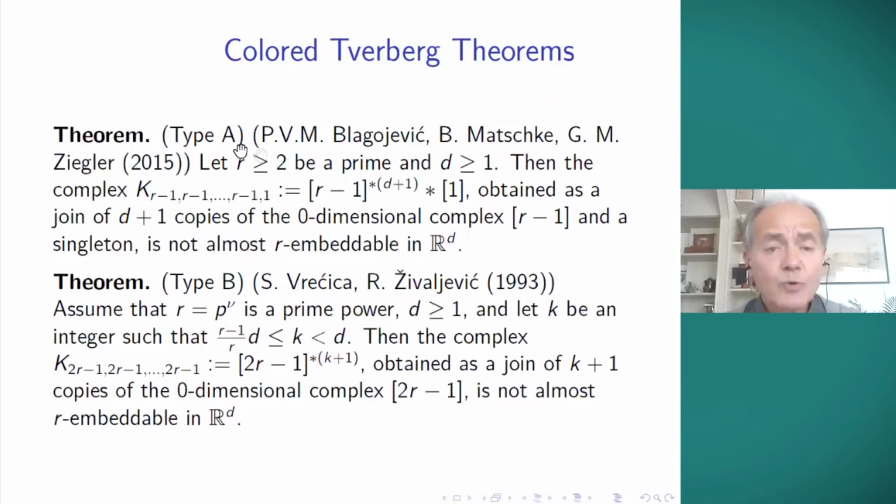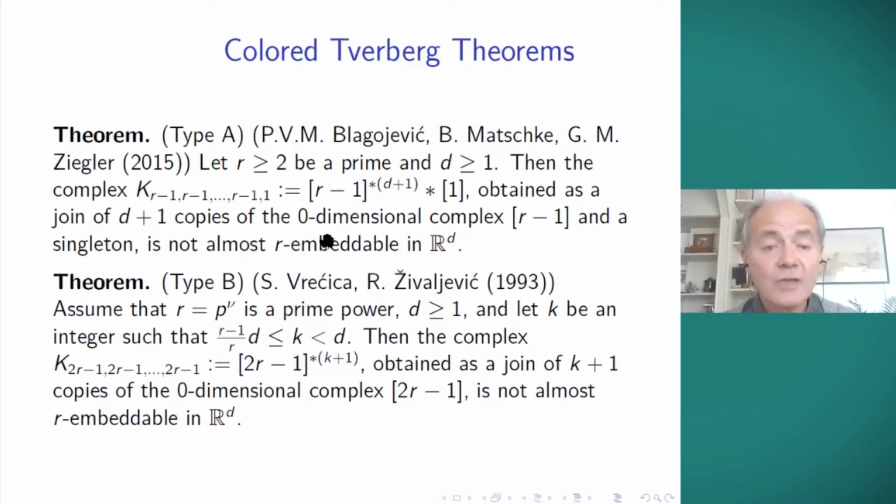Type A was proved by Pavle Blagojević, Benjamin Matschke, and Günter Ziegler. It was published in 2015, but it was already available as a preprint in 2009. So it simply says that if you have this simplicial complex K_R, so you have D+1 copies of a set of cardinality R-1, and you have just a single point, take this join.